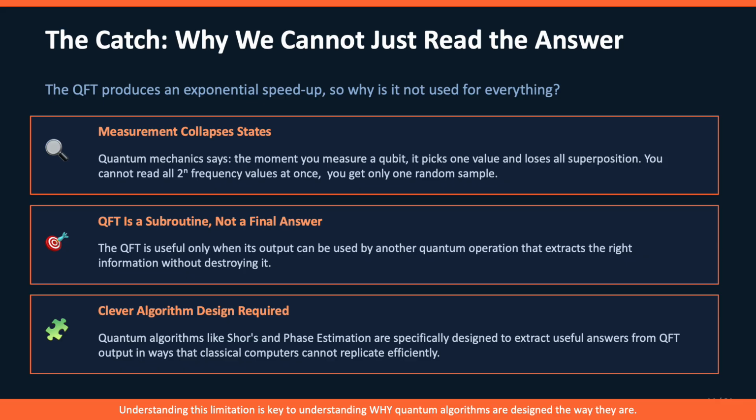Phase estimation and Shor's algorithm are the two most famous examples of doing exactly this. They are brilliant because they extract just the right answer from the QFT output without needing to see everything at once.